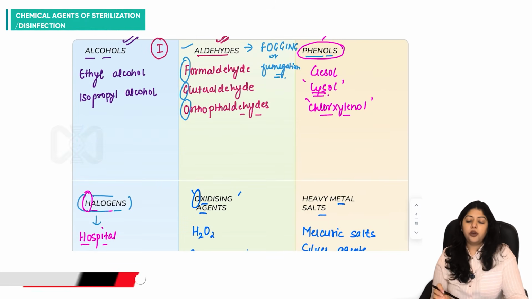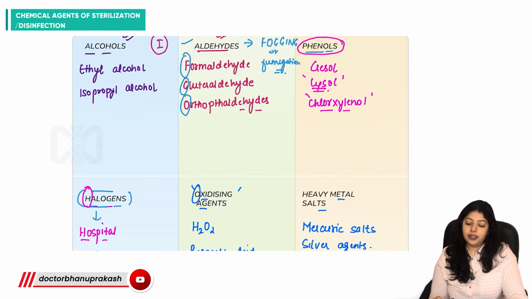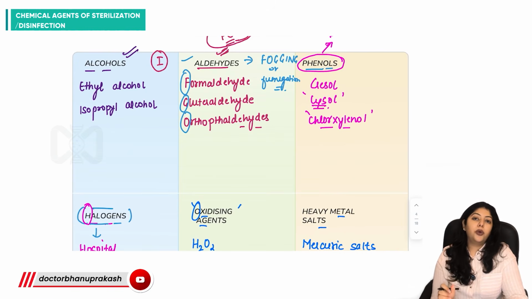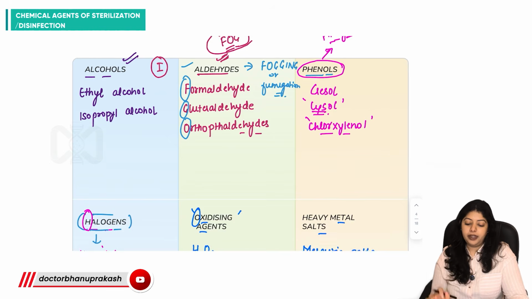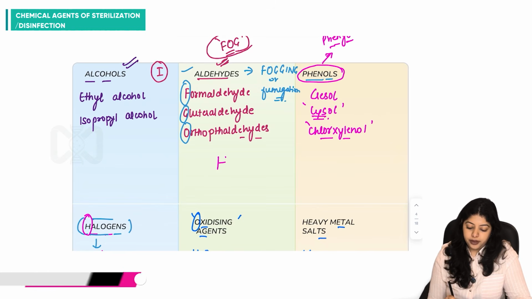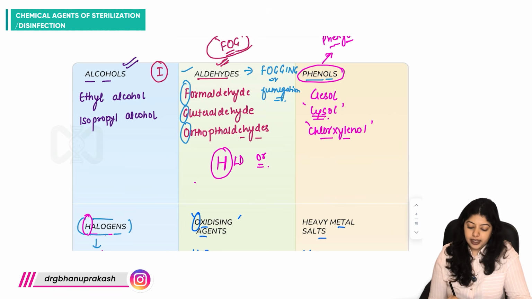Now, the importance of these agents will be discussed later, but firstly, let us broadly classify them as low, intermediate or high level agents. So, aldehydes will be coming under high level disinfectants, or these are also known as chemical sterilants.